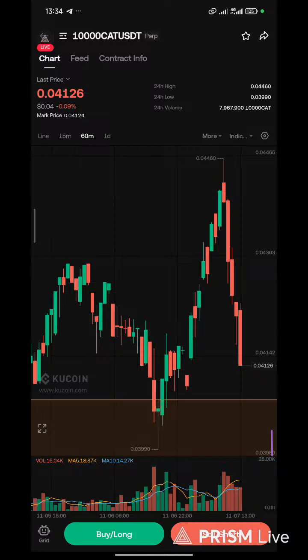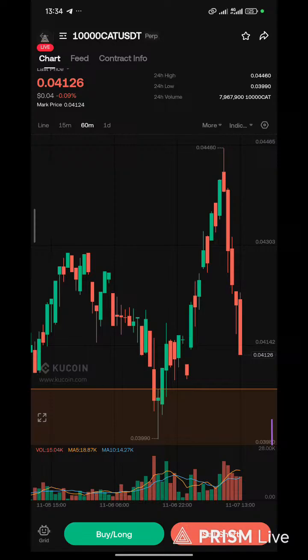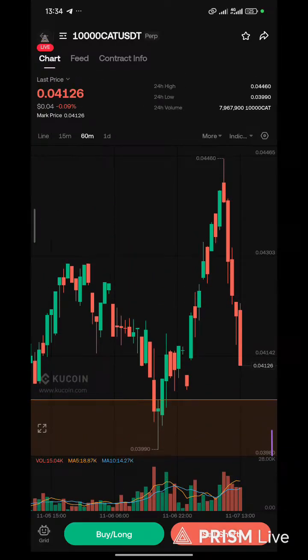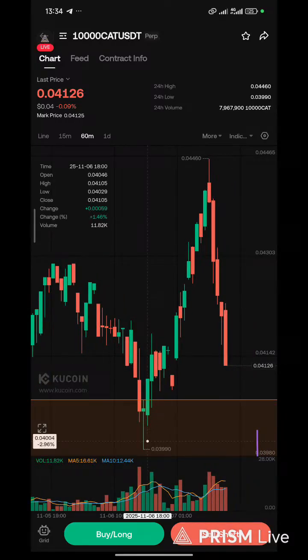So that is just it. You see, it's creating a bullish engulfing candle. Let's see if it's going to break the doji over here, right? If it breaks this doji over here, then we know that something is about to take place. So just bear with me.